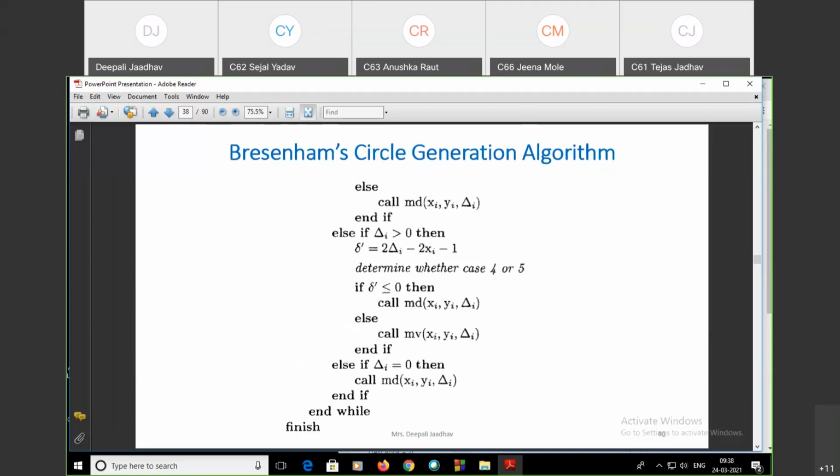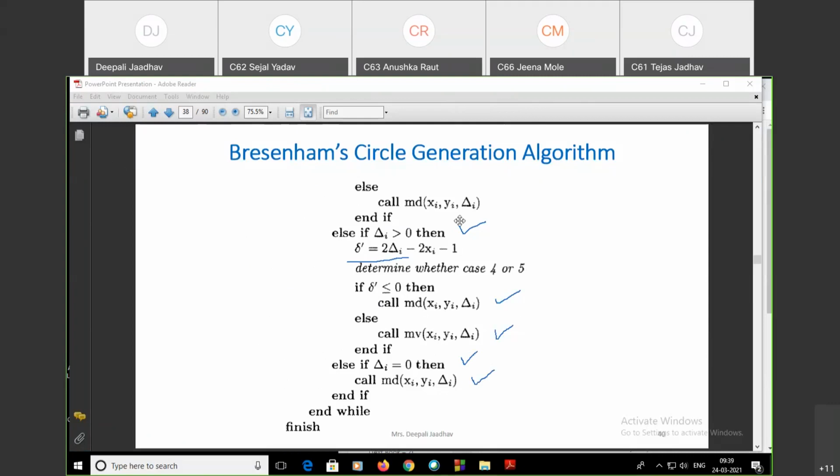If big delta I is greater than 0, then choose either diagonal or vertical. So calculate delta small dash. If it is less than 0, then call MD. If it is greater than 0, then call MV, the vertical point. If delta I is exactly equal to 0, then call the diagonal point.